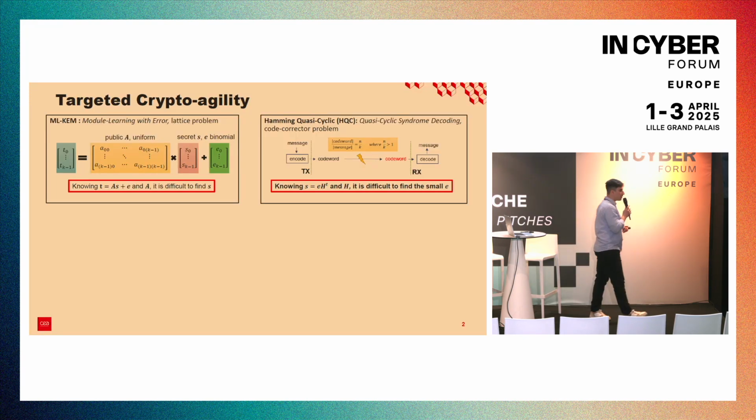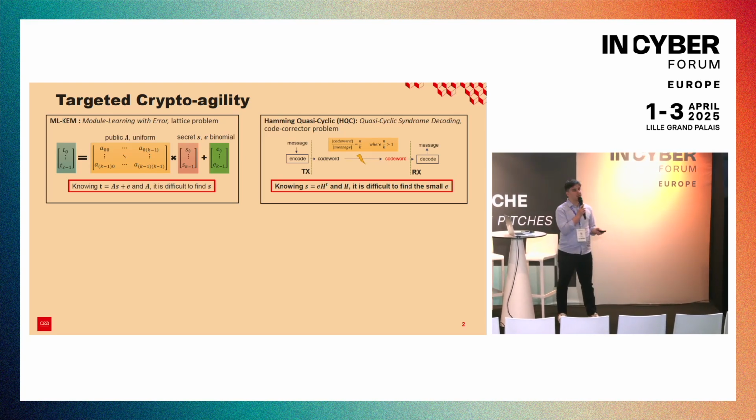First of all, we are talking about two post-quantum algorithms, ML-KEM and HQC, which belong to two different cryptographic families, lattice-based and code-based, and rely on two different hard mathematical problems. However, if you look at the schematics of these mathematical problems, we can see that the security relies on the introduction of an error, which makes it difficult to retrieve the secret data.